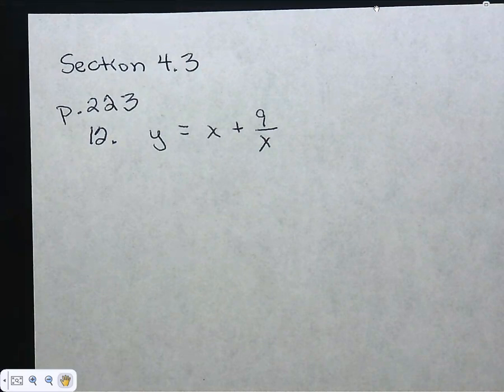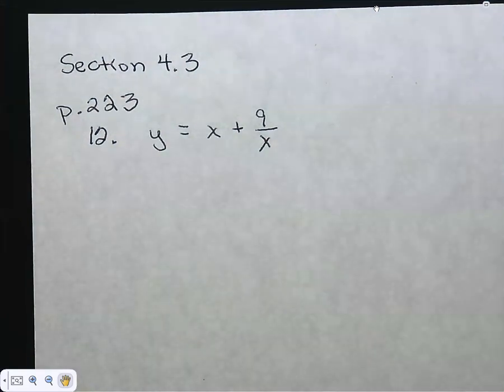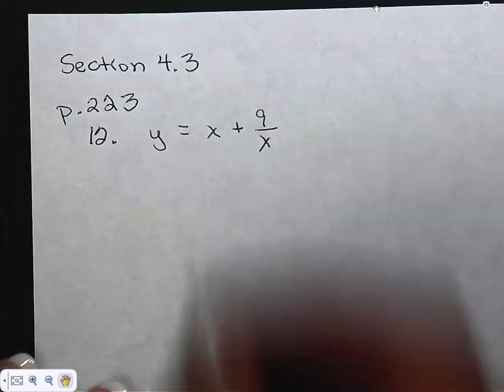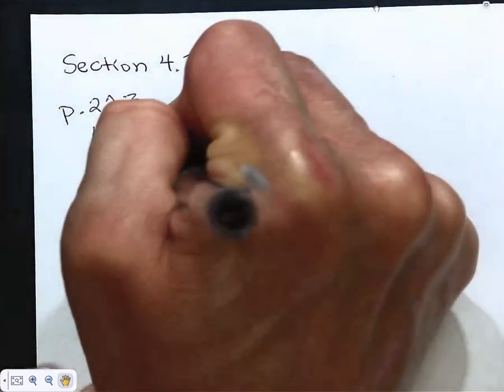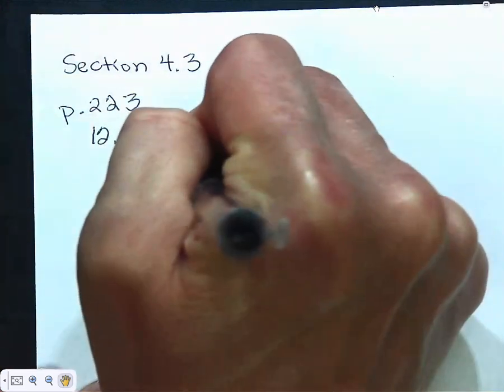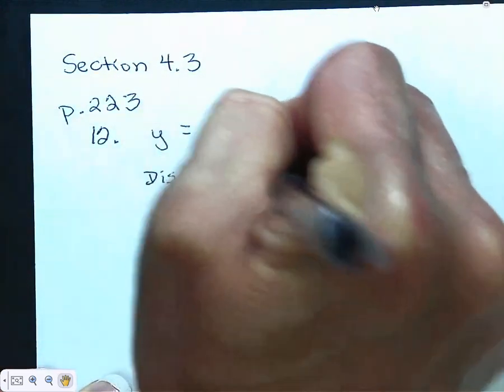And all we're asked to do is find where the function is increasing and decreasing. I'm supposed to locate the discontinuities and the critical numbers. Does this function have any discontinuities? Yeah. Can't let x be 0. So I'm going to go ahead and make a note of that so I don't forget. Discontinuity at x equals 0.